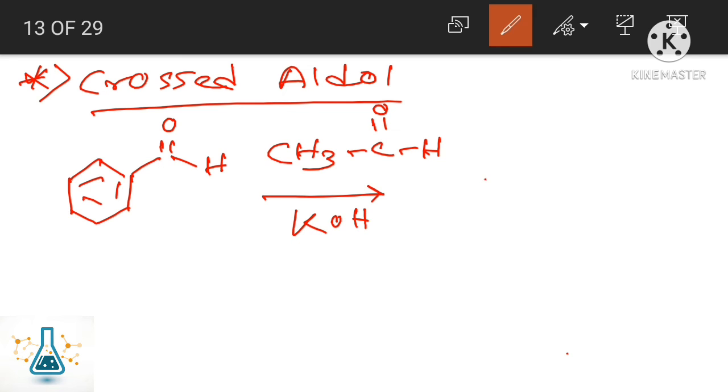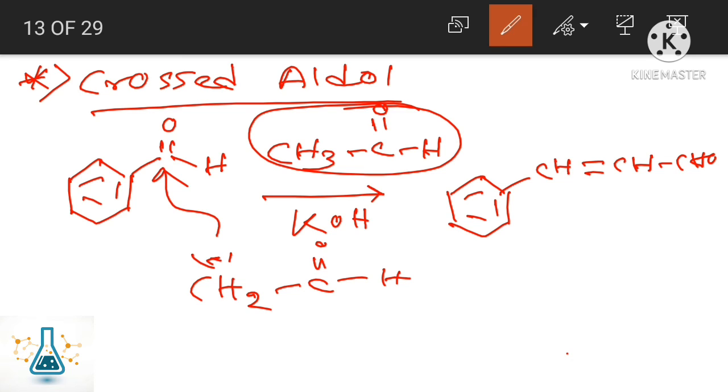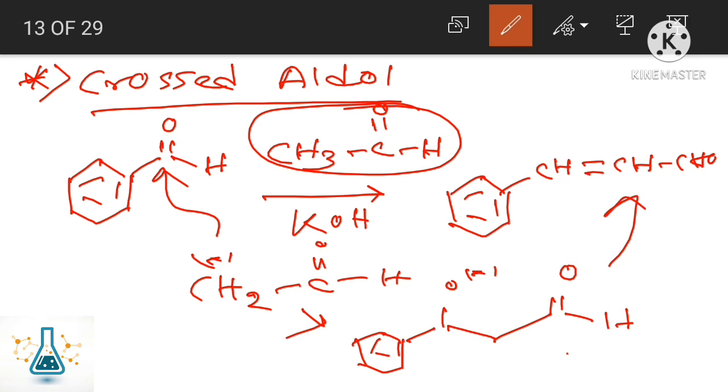So we will get this type of compound. Enol or enolate will form from this acetaldehyde compound, and then the enolate will attack this compound, and finally we will get this beta hydroxy compound, benzene-CH2CHO, and then after elimination reaction we will get this alpha beta unsaturated compound.